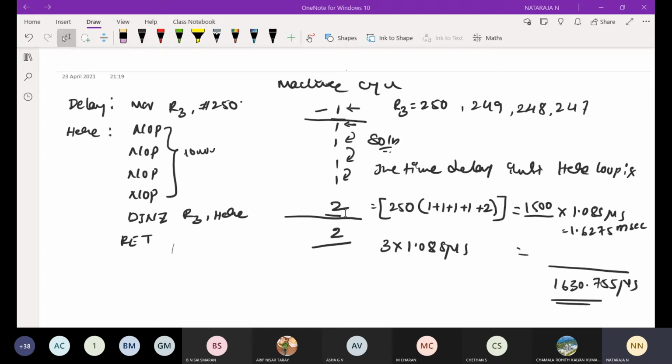Or else if you want, you can write like this also.